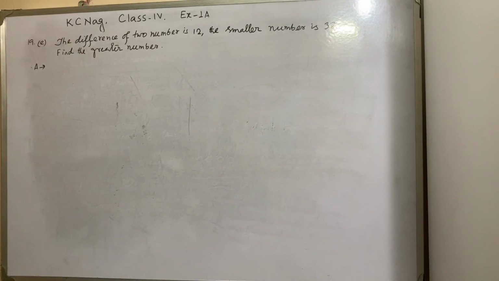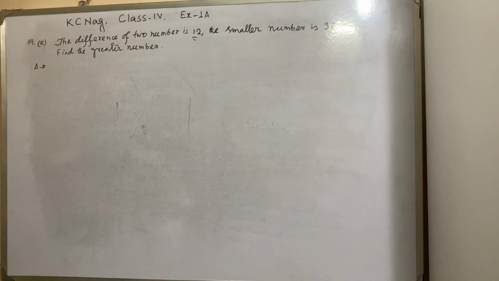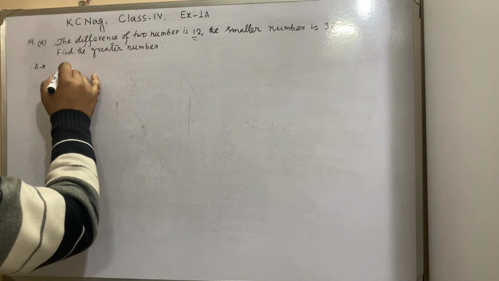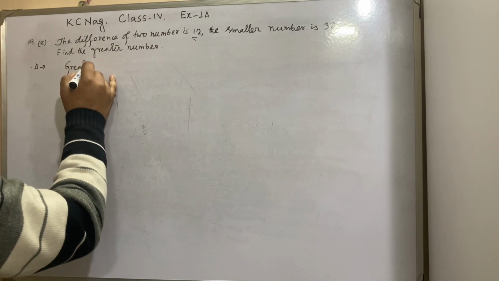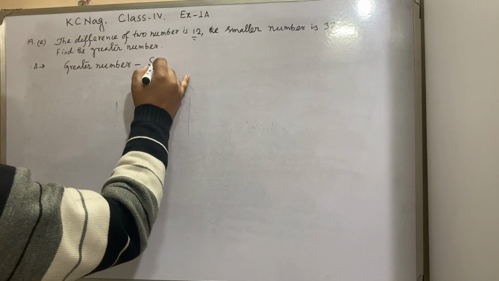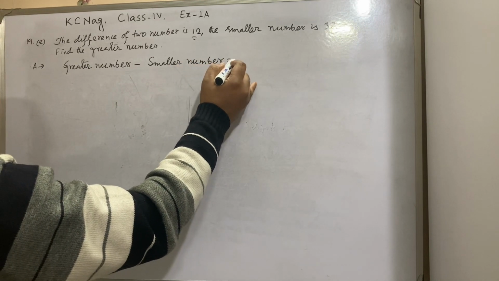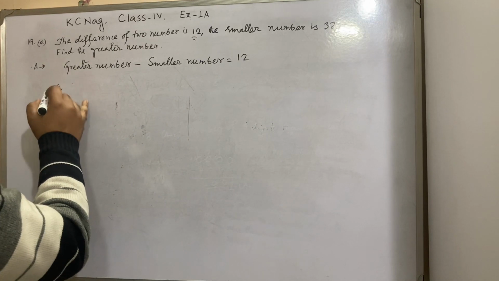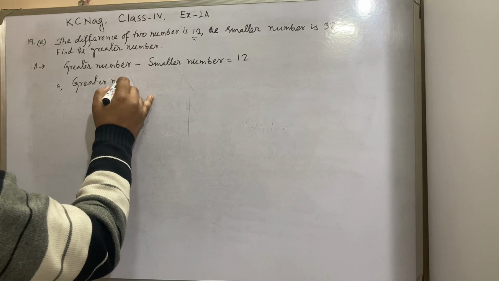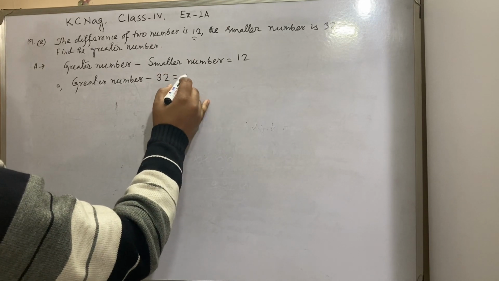Okay, so the answer. The difference of two numbers is 12. Difference means subtraction, and the subtraction is always done from the greater number to the smaller number. So greater number minus smaller number is equal to 12. The smaller number is already given, that means greater number minus 32 is equal to 12.